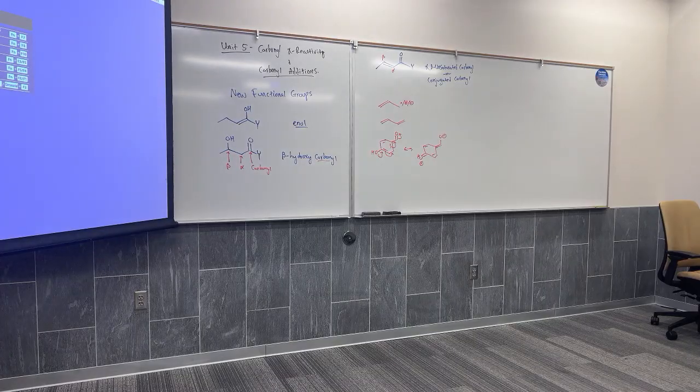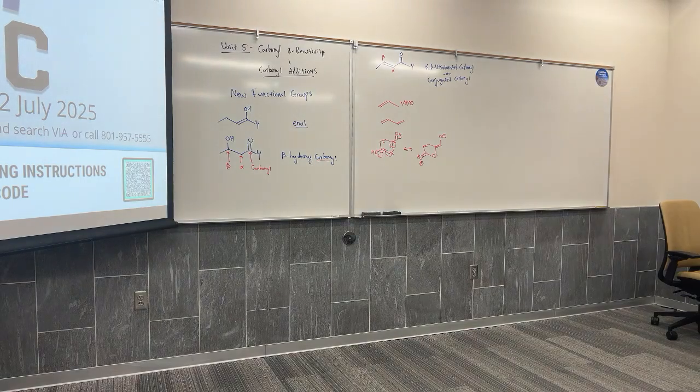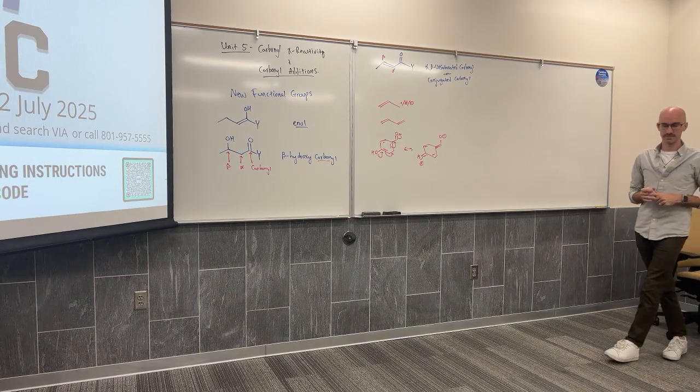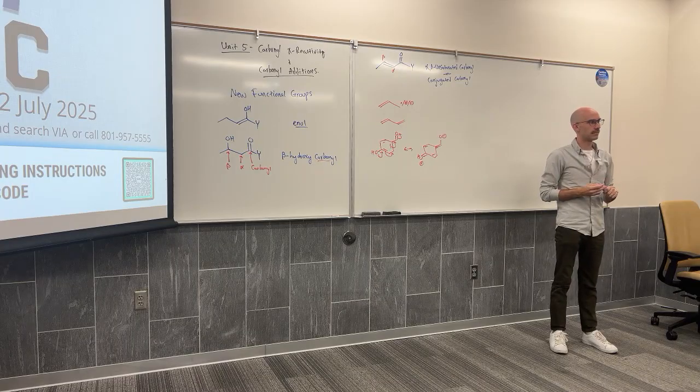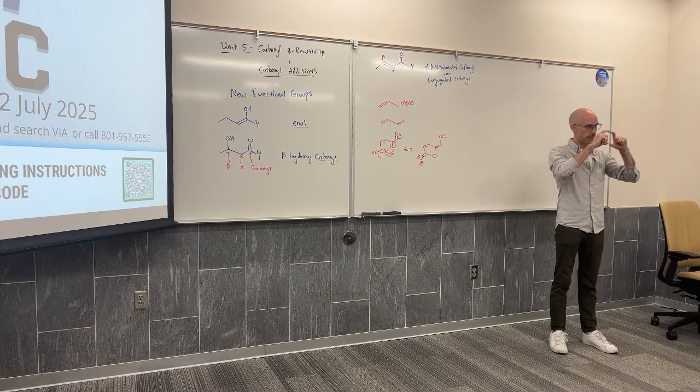All right, well, in my opinion, alpha-beta unsaturated carbonyl is super clear. I guess you do have to remember what unsaturated means. Can you guys give me any other example of the use of the word unsaturated? Fat. Sorry? Fat. Fats. Triglycerides. A lot of unsaturated fats have double bonds.